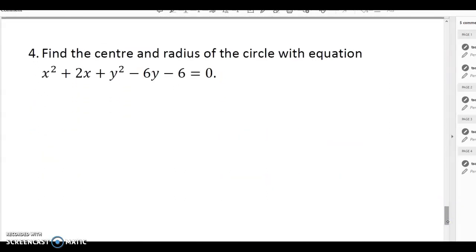All right, question 4. Find the center and radius of the circle with this equation. Okay, question 4, they've asked us to find the center and radius of this circle.